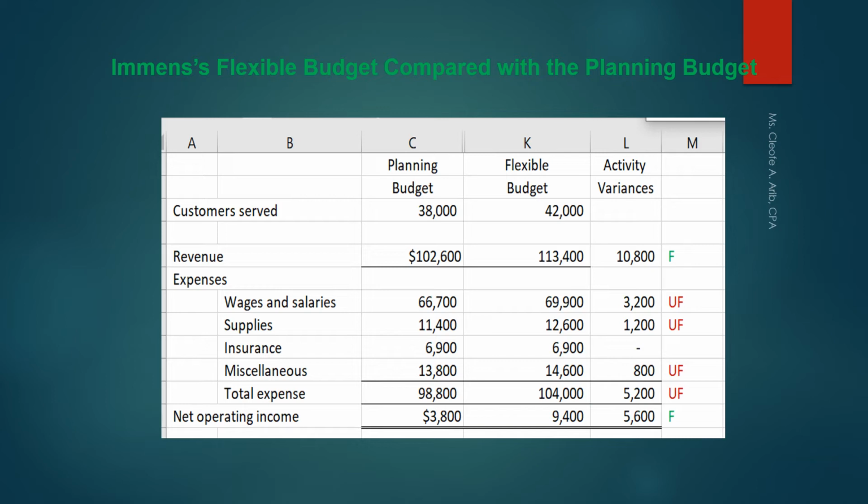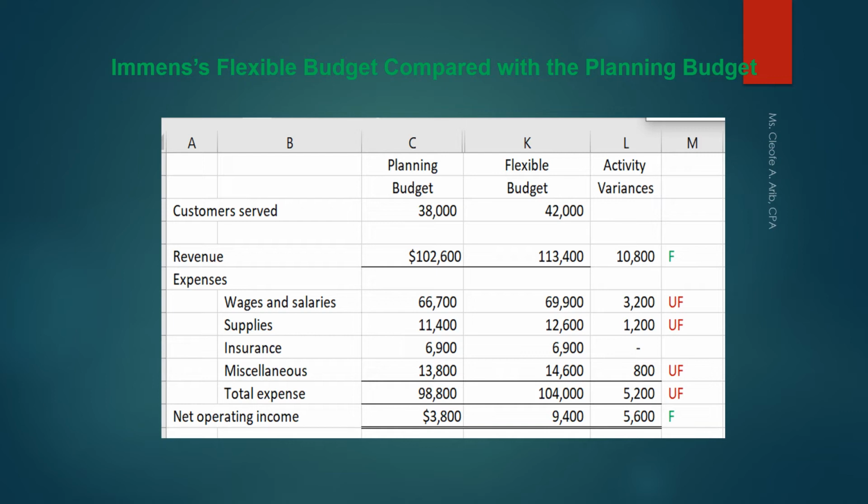We can see that with revenue, your activity variance is favorable because your flexible budget is higher than your planning budget. Because this is revenue, we want your flexible budget to be higher than your planned budget. For expenses, for it to be favorable, we want your planned budget to be higher than your flexible budget. If it's the opposite, then that will be unfavorable.